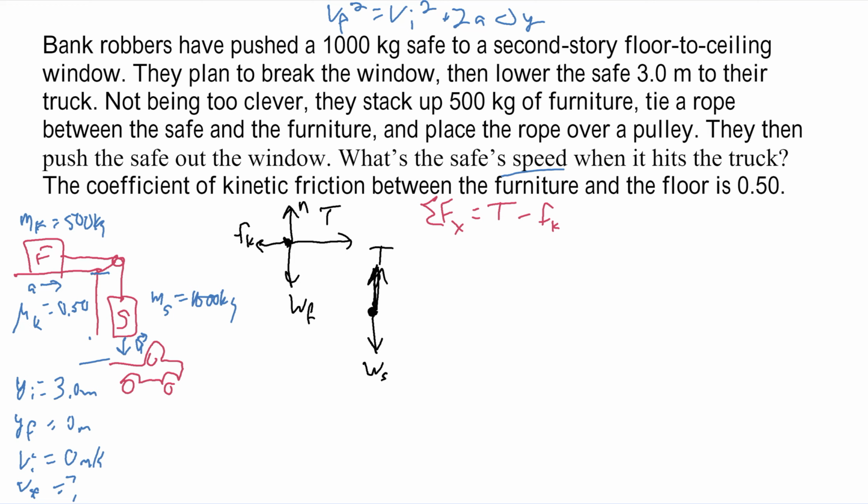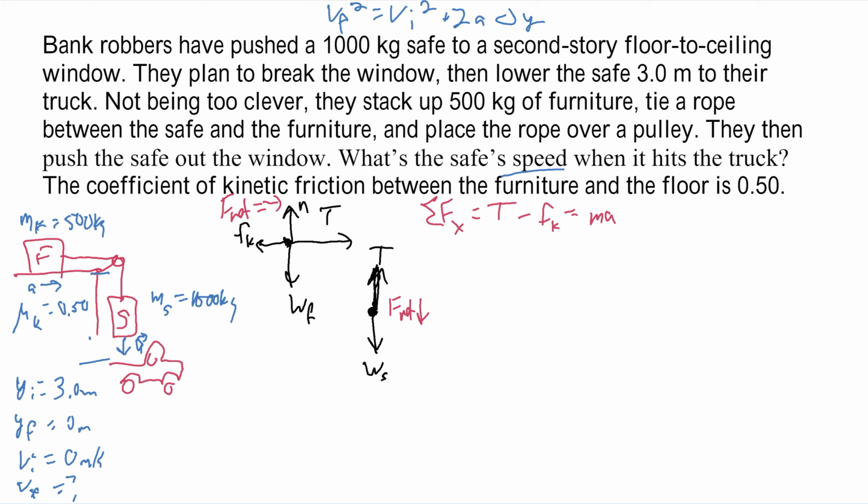And do we have a net force? For the free body diagram for the furniture, F net is to the right. And for the free body diagram for the safe, F net is down. Okay, good. So sum of the forces in the x direction, T minus F sub K equals MA.